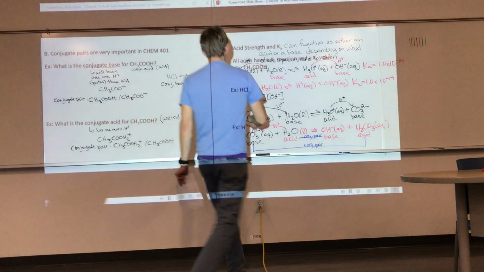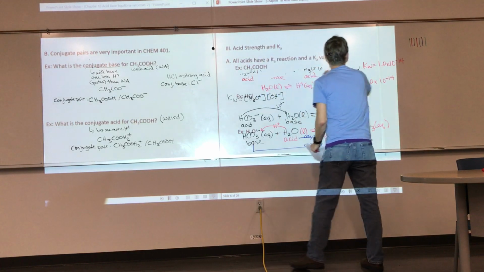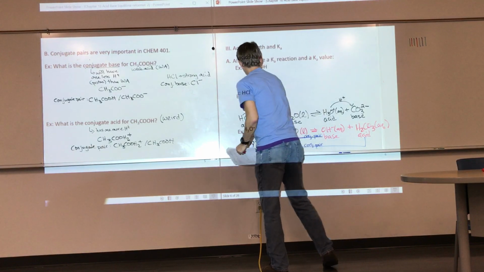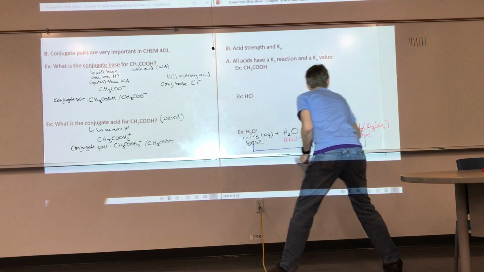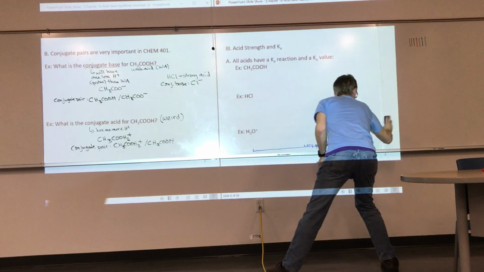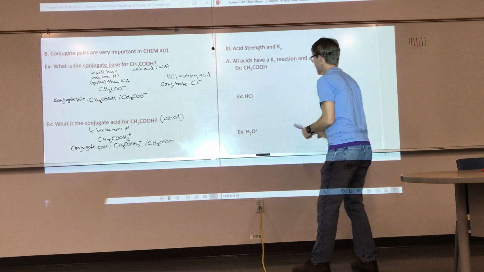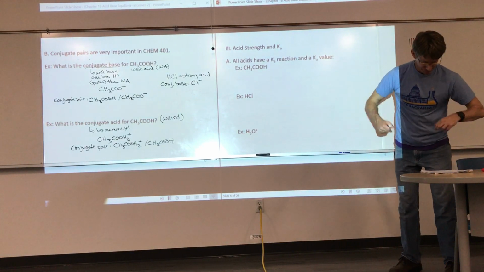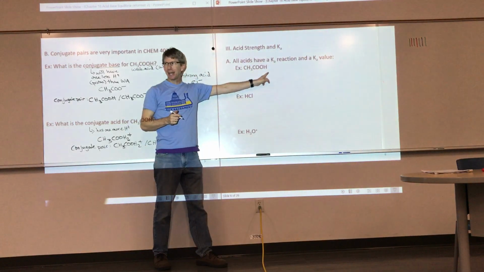Now let's talk about acid strength and Ka. Remember from last time, Ka is for a specific reaction. So let me write out the Ka reaction.